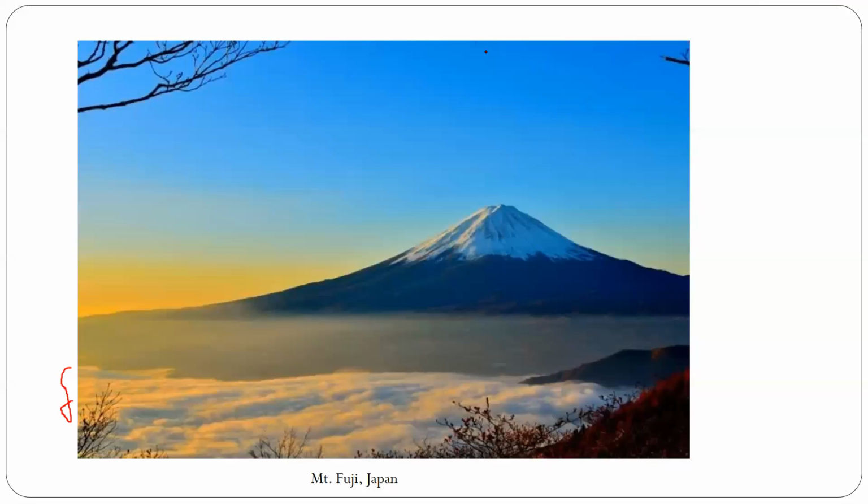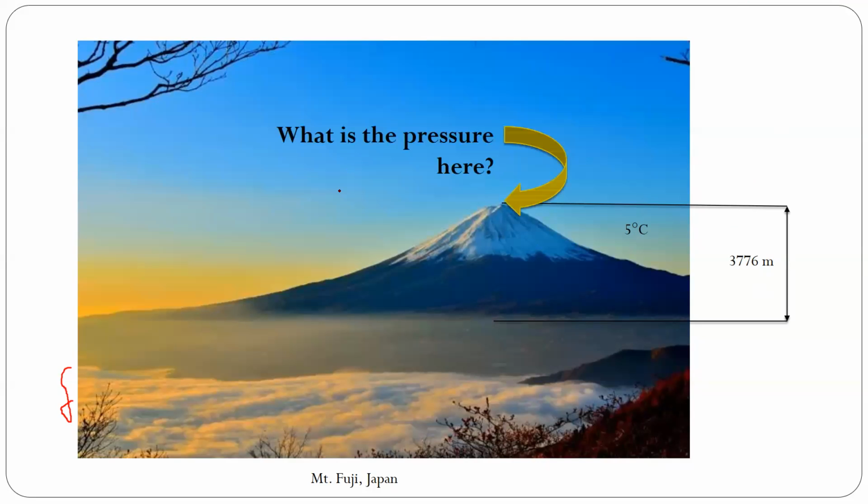So now, ay sisirain ko muna itong magandang photo na to by putting in some details. Okay, so it's 5 degrees Celsius, ganyan yung temperature. And the height of that mountain is 3,776 meters. Okay? Now, the question is, ano kaya ang pressure sa pinakatuktok ng Mount Fuji?